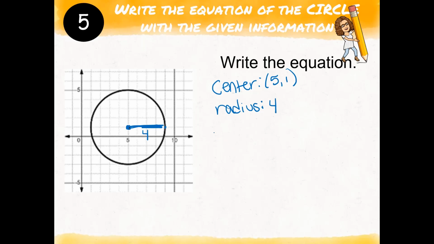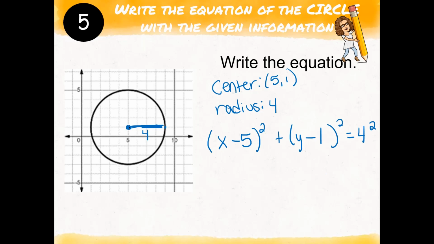So now let's write the equation out. We always know it's x something squared plus y something squared equals something squared, right? The things on the inside are our center. So we're going to go x minus 5 and y minus 1. That's my center. And then remember, it was always our radius squared.